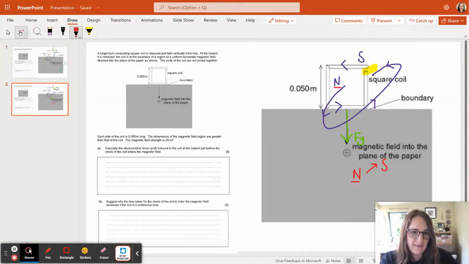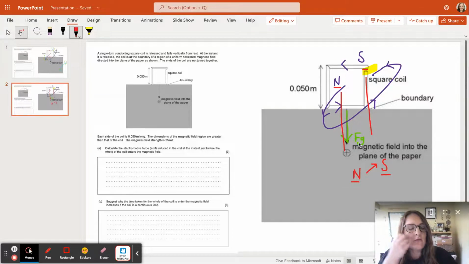Norths and norths repel. Okay, so there's going to be repulsion between these two. Additionally, this south is falling on top of this south. And so what we're going to have is repulsion between the north and the north and the south and the south. Now, this magnetic field down here is already fixed. The coil is falling down. The repulsion then is going to be up.